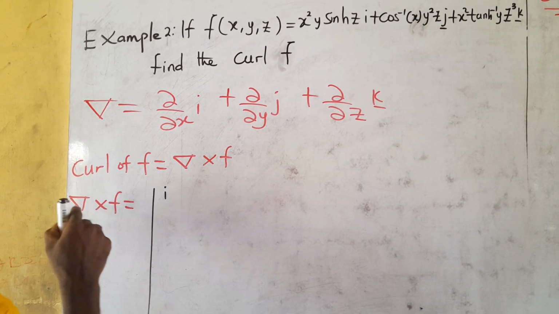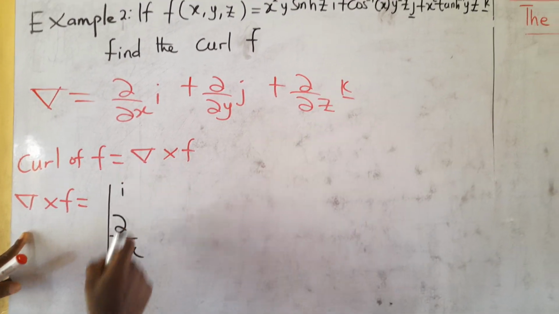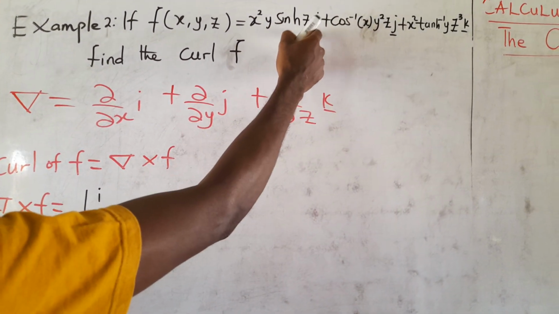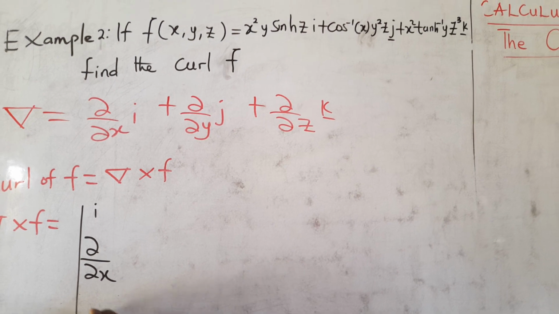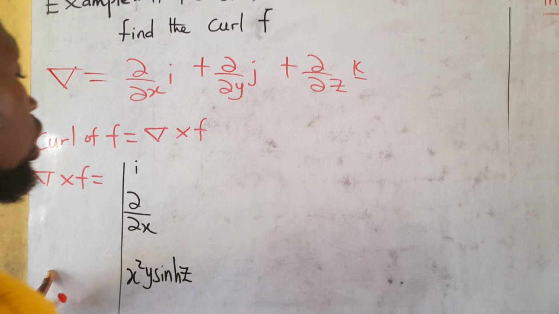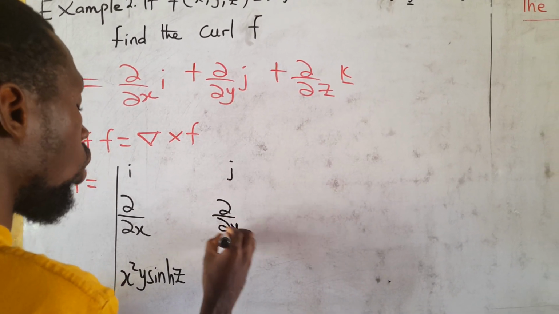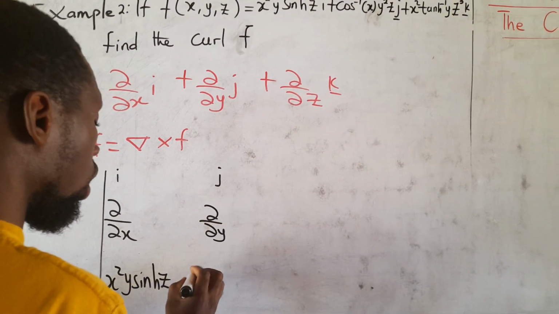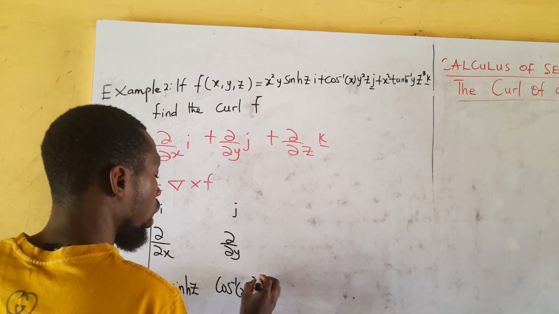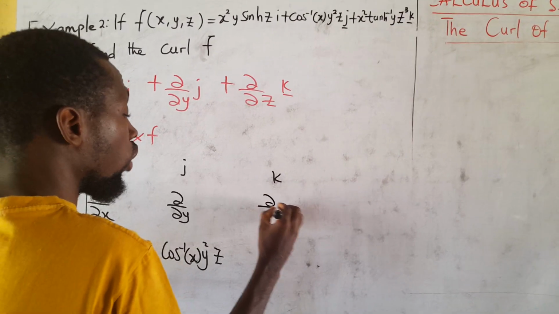So we have i, the differential operator del over del x, then for the i component of f we have x squared y sinh z. Then we go to j, del over del y, then for that cos inverse of x y squared z. Then k, del over del z.